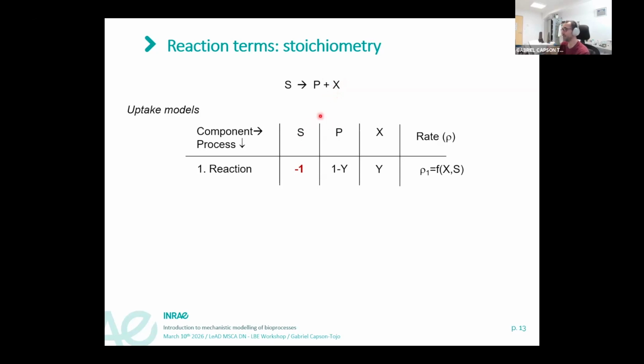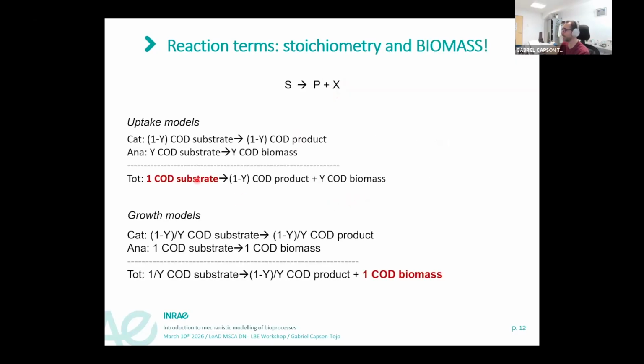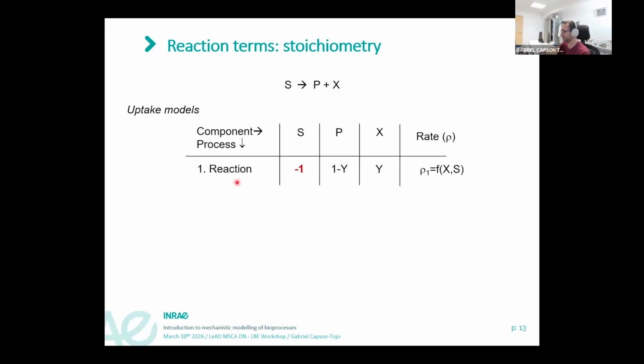So we not only have S and P as we had before, we have S, P, and X. And the stoichiometric coefficients are basically the ones that we just defined here. We are using an uptake model, so this is the basis of calculus that we are assuming, -1 for the substrate. And by definition of yield, if we have -1 grams of substrate, we have Y grams of X, and the rest goes to P. So 1 minus Y. That's it.